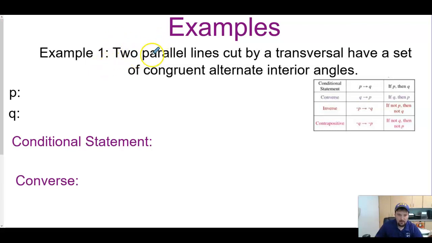So this was example 1. Two parallel lines cut by a transversal have a set of congruent alternate interior angles. We've got to divide this up into two statements. My P statement is going to be two parallel lines cut by a transversal.